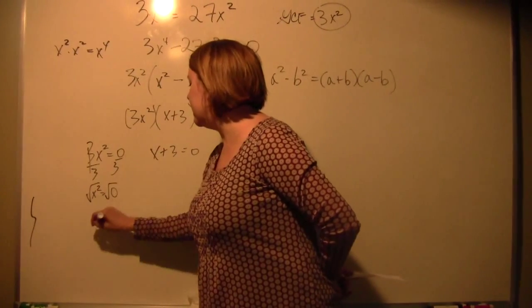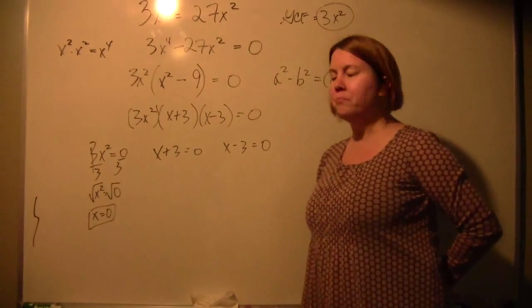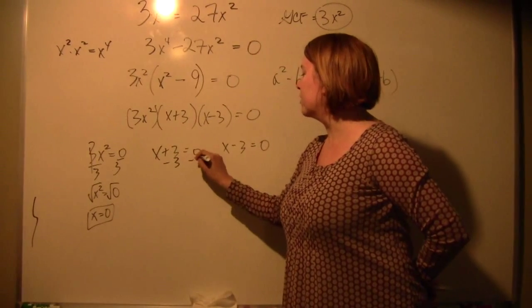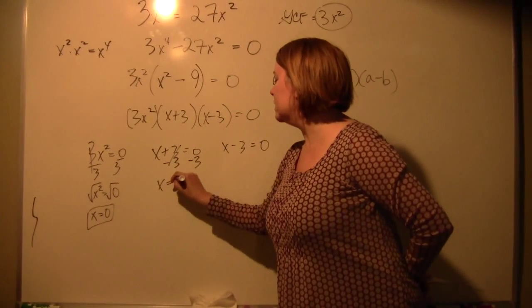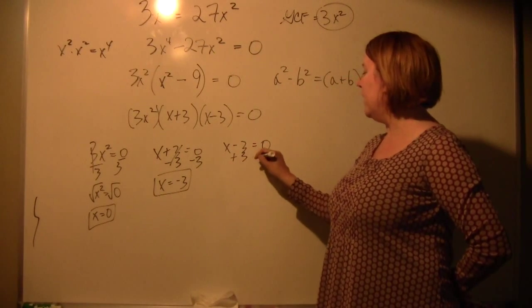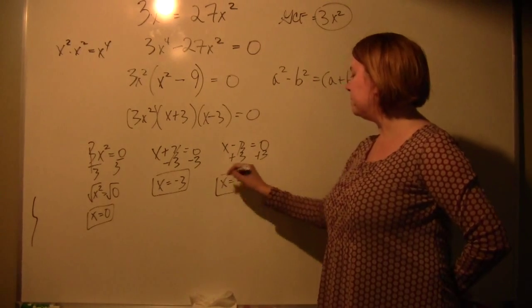Take the square root of both sides. x equals 0 there. x plus 3 equals 0. If you subtract 3, you get x equals negative 3. And similarly, if you add 3, you get x equals 3.